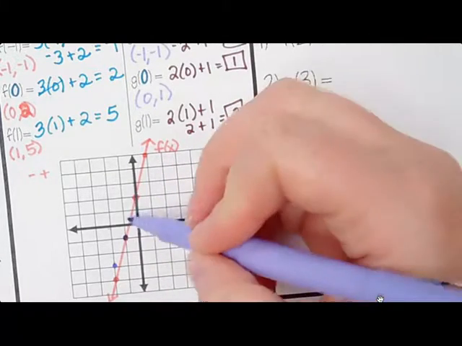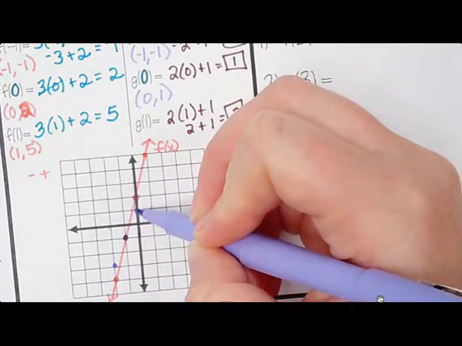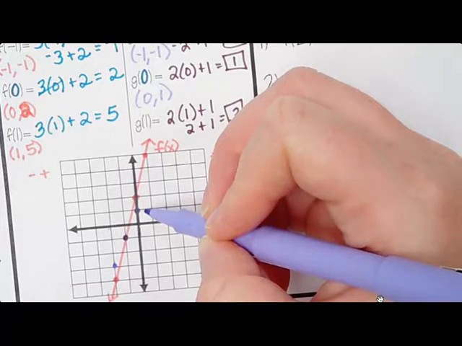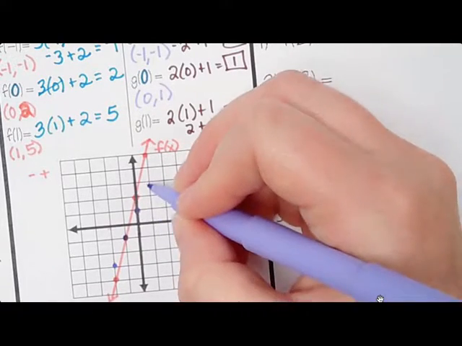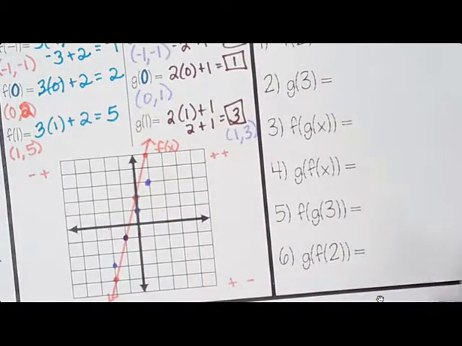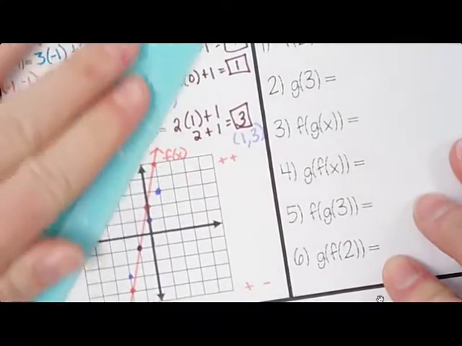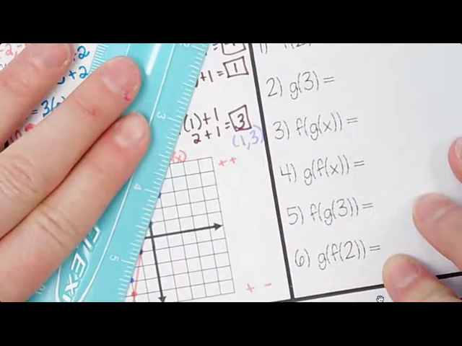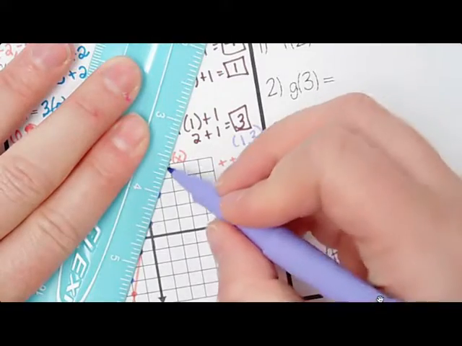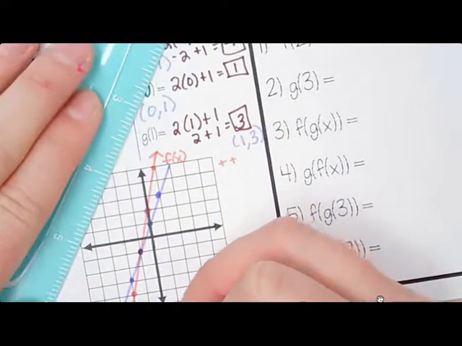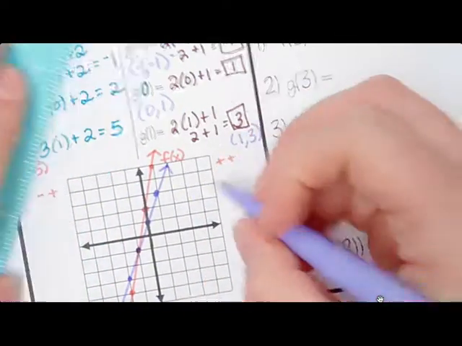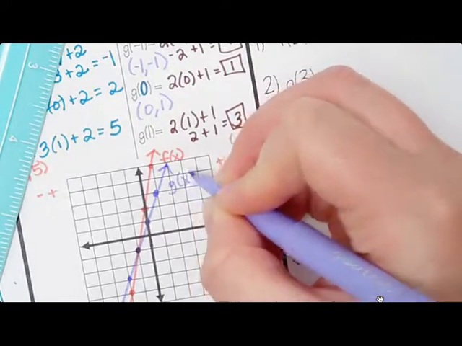Okay, and then 0, 1. And then 1, 3. So this is the g of x.